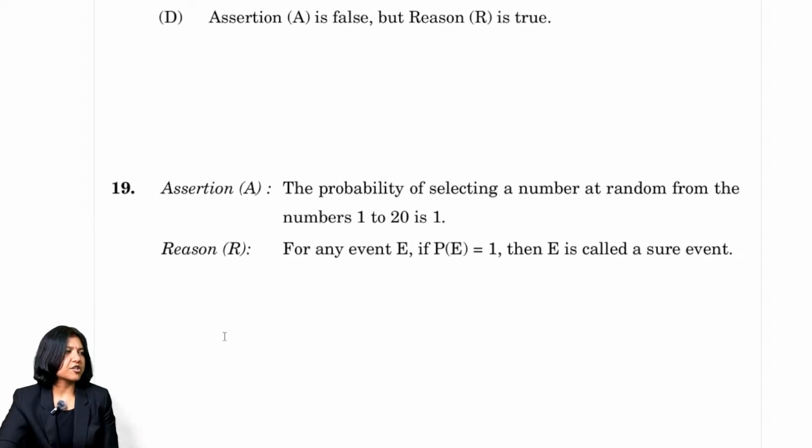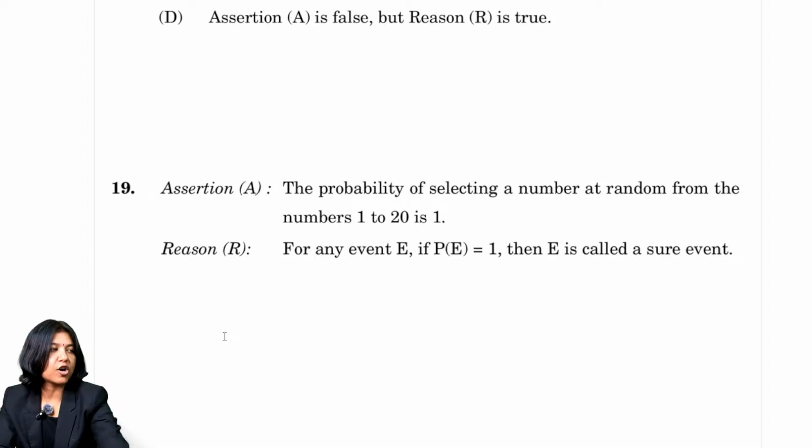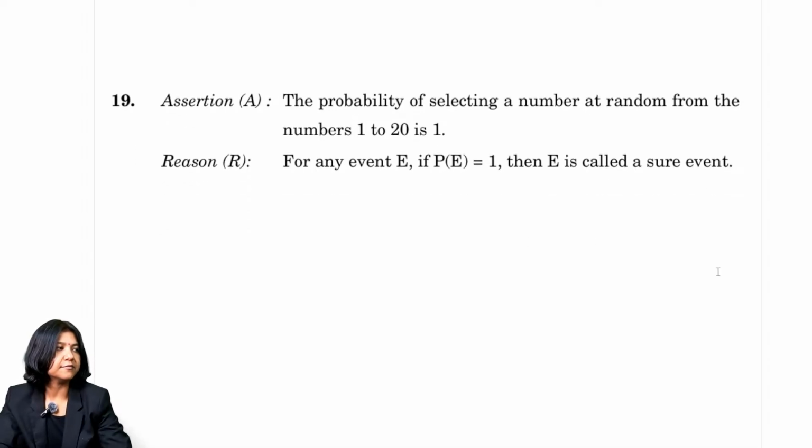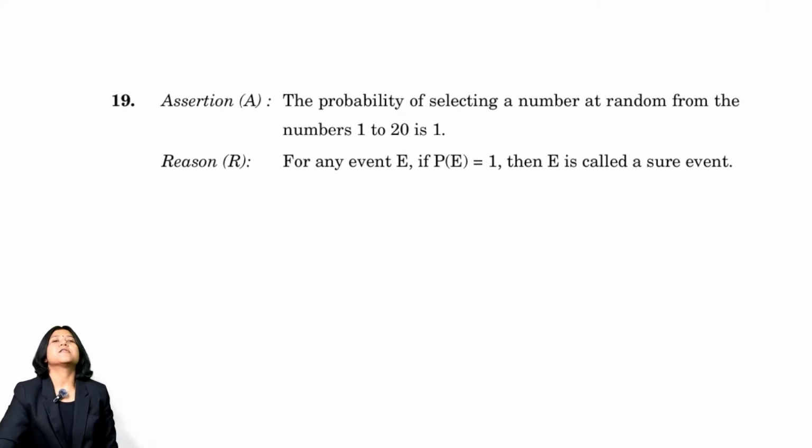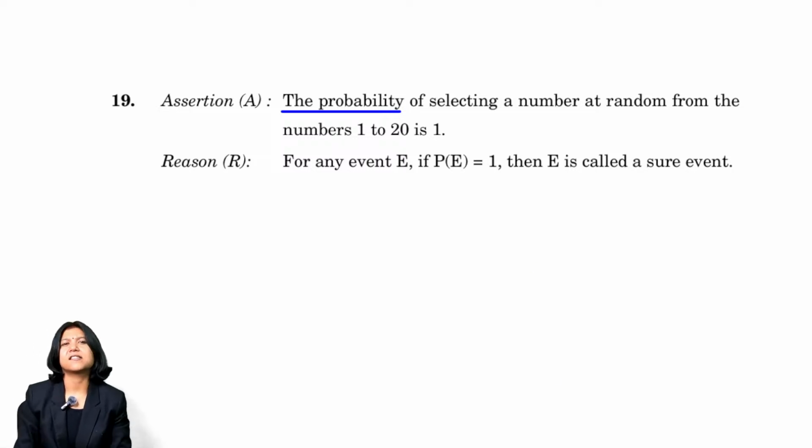The first question tells me the probability of selecting a number at random from the numbers 1 to 20 is 1. Now, is that true? Probability is 1 only for a sure event or a 100% confirmed event. For example, if I say the sun will rise in the east tomorrow, you're sure about it.